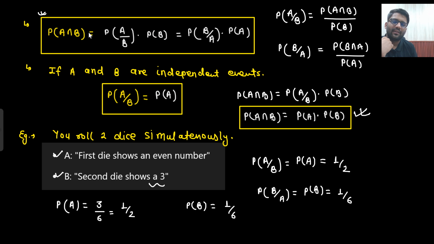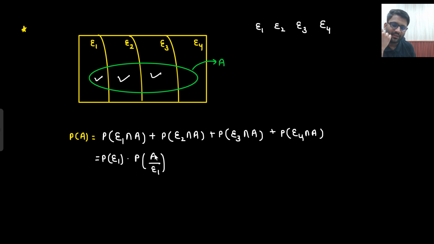You see here, A by B dot B. So A by E1 dot E1. This could be equal to probability of E2, A by E2.